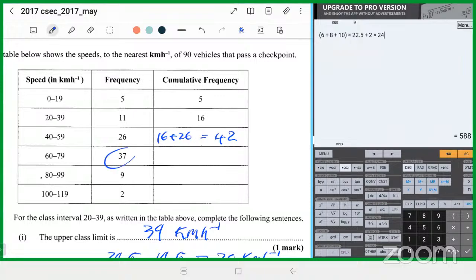Then add 37. So it's 42 plus 37. What is that? 79. Then add 9 to that. So it's 79 plus 9. What is that? 88. And then add 2 more. 88 plus 2 to account for all 90 vehicles. All right, that is it.